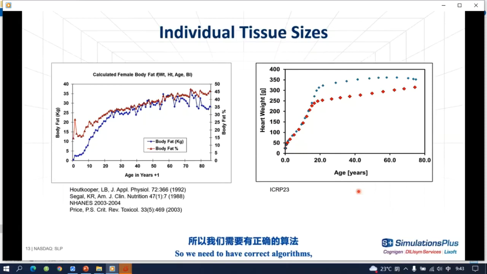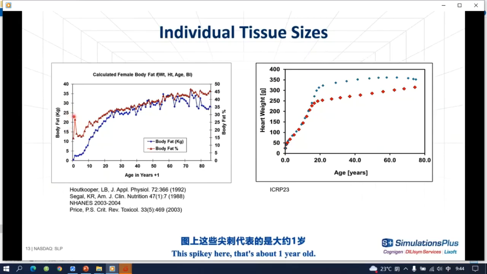So we need to have correct algorithms not only for the overall height, weight, and BMI of the child, but also the sizes of the individual tissues. And I'm not going to go through every single one of those tissues. This is going to show only a few tissue examples. Here I'm showing the body fat and heart weight as it's changing from children all the way to adults.